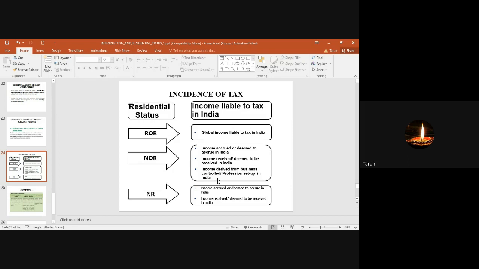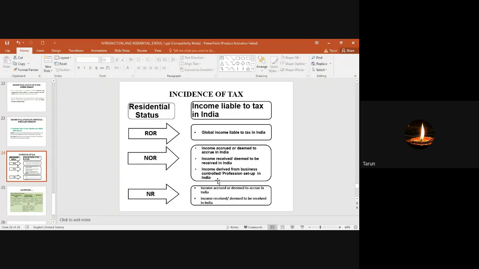Their income is taxable. When we talk about not ordinary resident, the income is categorized into three. First is income accrued or deemed to accrue in India. Second is income received or deemed to be received in India, and income earned or arising in India. Third is income derived from a business controlled or profession set up in India.